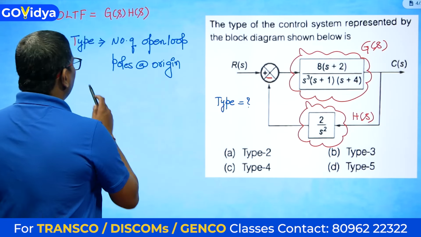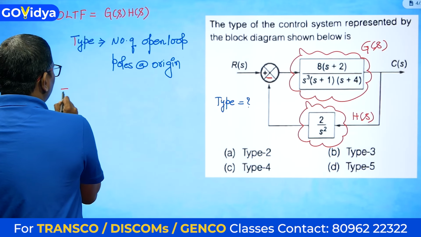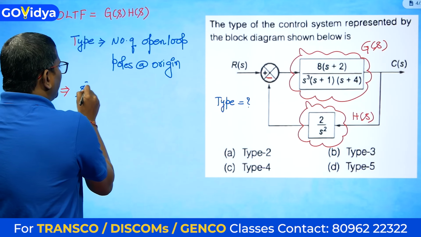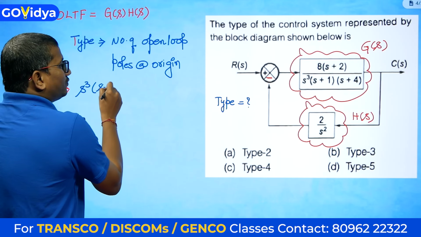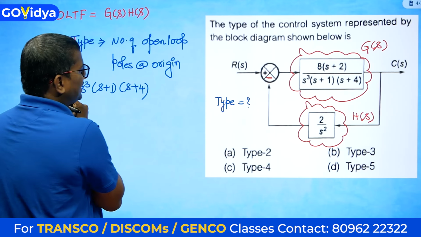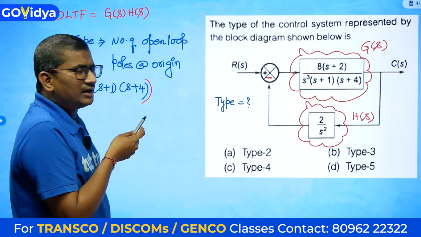If you check from the block diagram, the denominator gives you, observe very carefully, S cube into S plus 1 into S plus 4. This is the denominator of GS. Forget about the numerator because we are not interested in it.